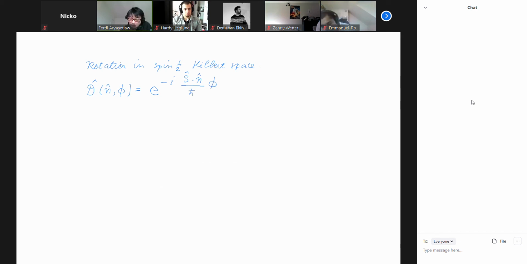So it's more convenient to work with the Pauli operators, sigma dot n divided by 2 times phi. So we get rid of the h bar.